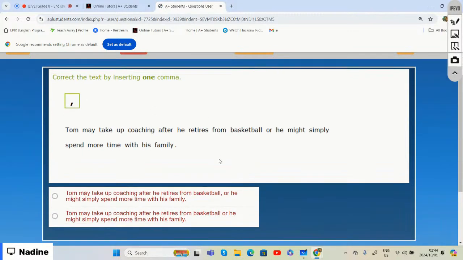All right, let's do one more. It says, Tom may take up coaching after he retires from basketball, or he might simply spend more time with his family.